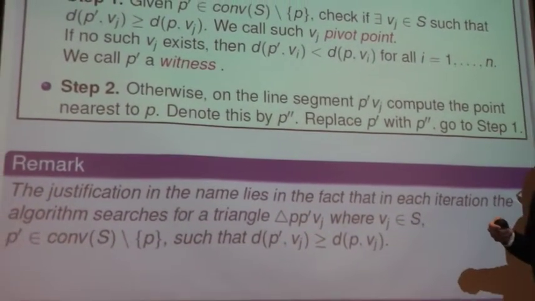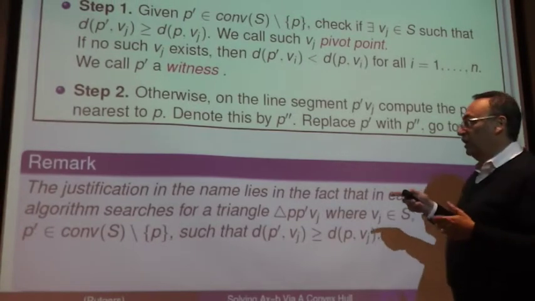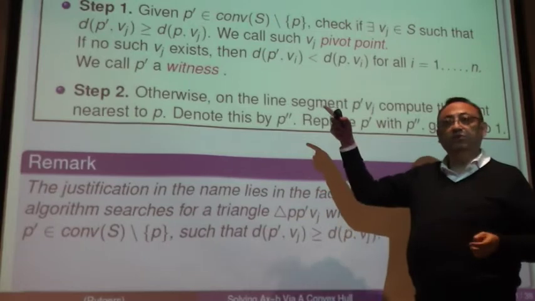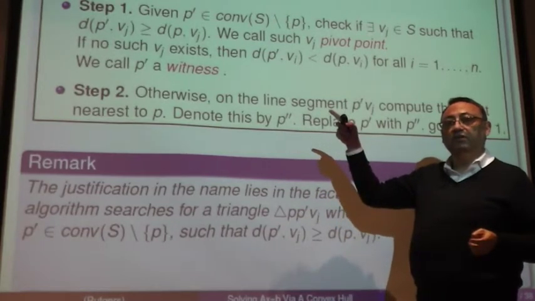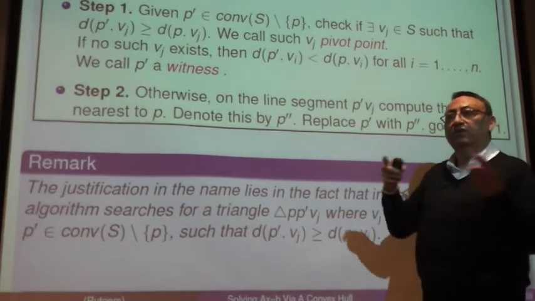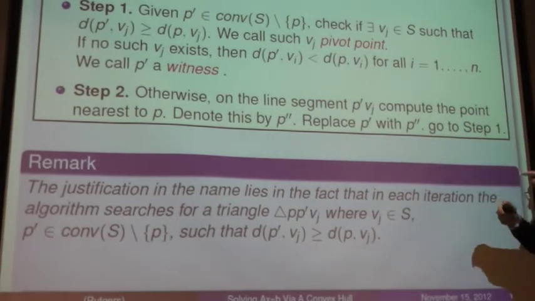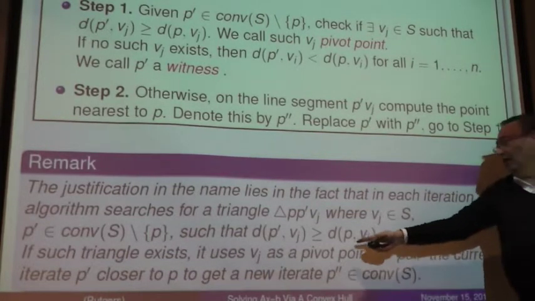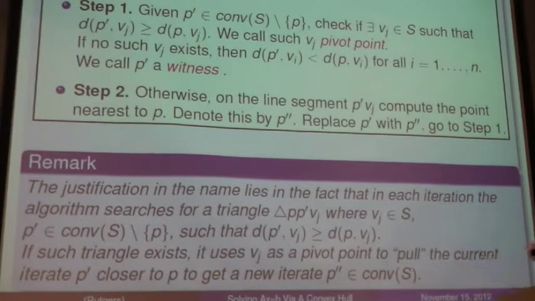Why did I say triangle algorithm? Because in every iteration it's between p and v_j, which is a pivot point, and p prime. So there are only three things involved here to find the next iterate. If such a triangle exists, then v_j is used as a pivot point to come closer to the point.